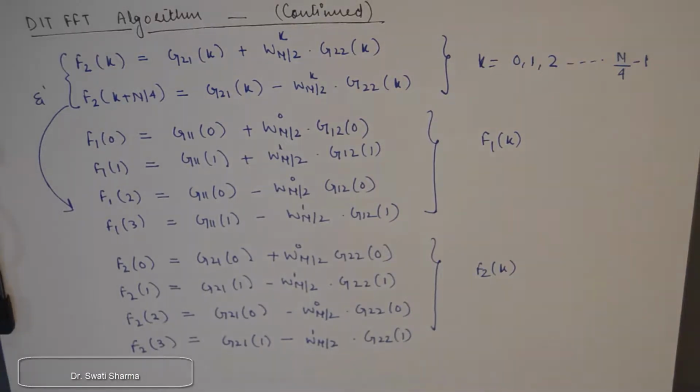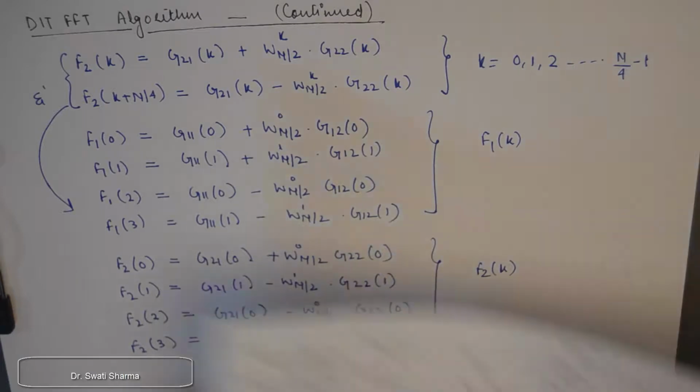Now in this case, when we combine the first stage of decimation with the second stage of decimation, and finally the third stage is where we get the Fourier transformed sequence x of k, the combined stages will look something like this.